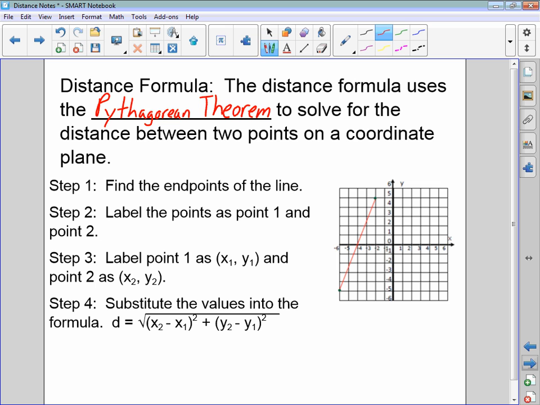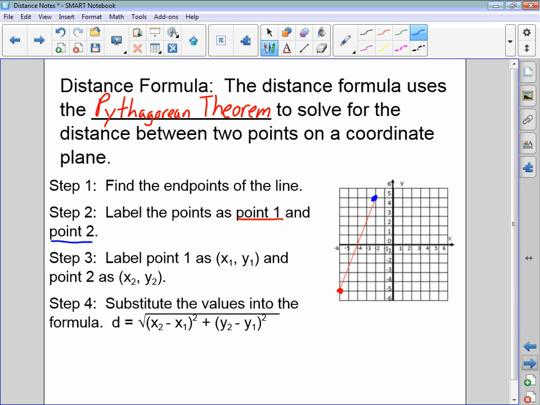And our first step is going to be finding our 2 endpoints. We have one right here that I've highlighted in red and one up here in blue. We will find those 2 points and we will label them point 1 and point 2. Point 1 is in red.